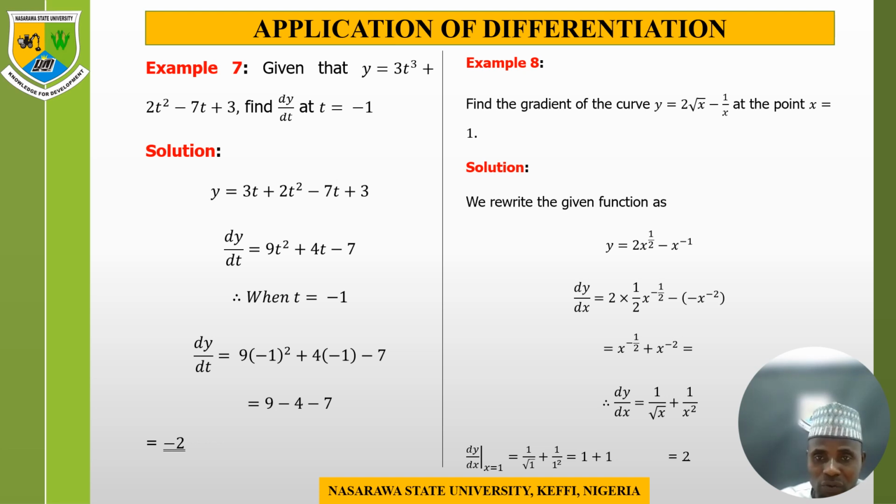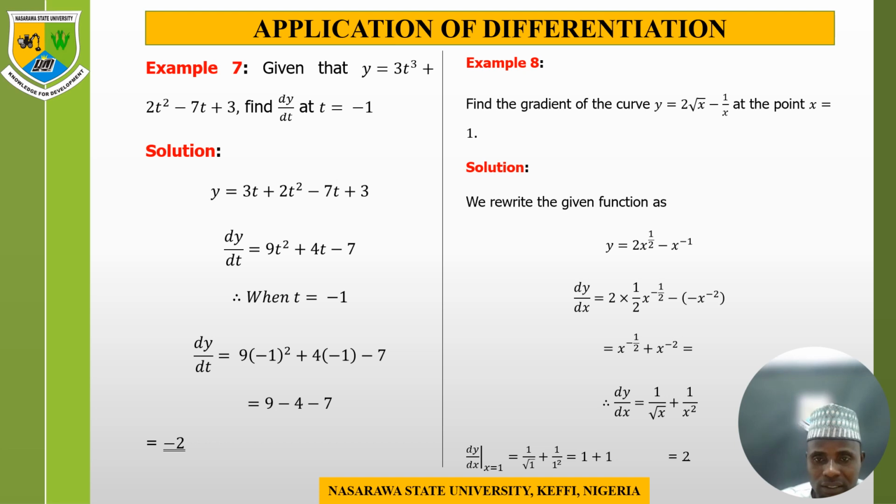That is, you differentiate y with respect to x. When you take the derivative, dy/dx equals, we have this. That is, the power 1 over 2 comes to multiply 2, then the power is reduced by 1 to have this, and also this.